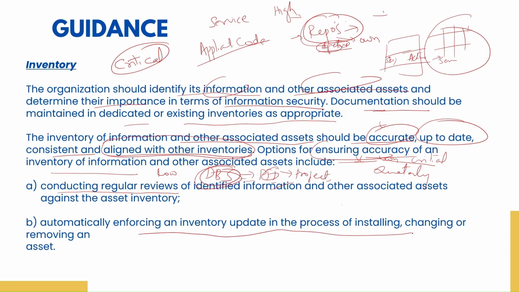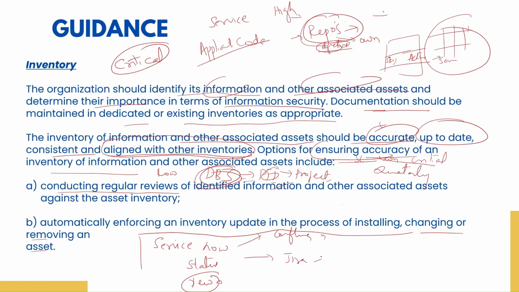Automatically enforcing an inventory update in the process of installing, changing, or removing an asset. In some companies, your other tools are automatically getting updated. For example, if you have ServiceNow, and in ServiceNow the status will be there, if you put it as decommissioned, then ServiceNow is linked with your Confluence or maybe with your Jira, whatever.